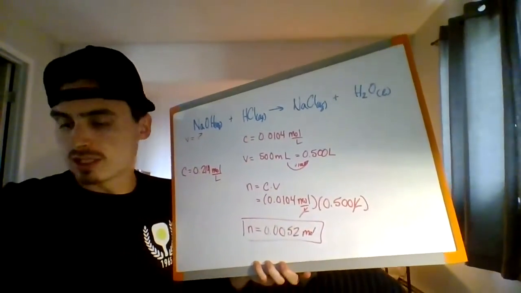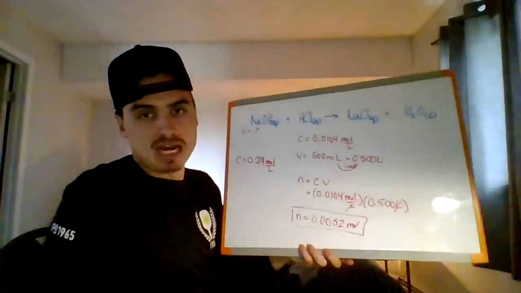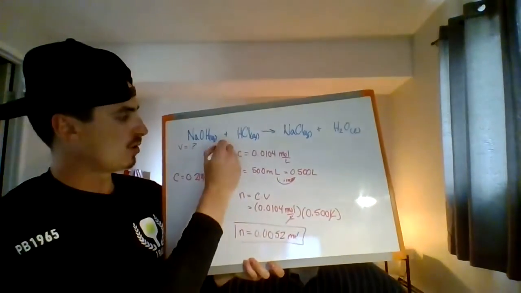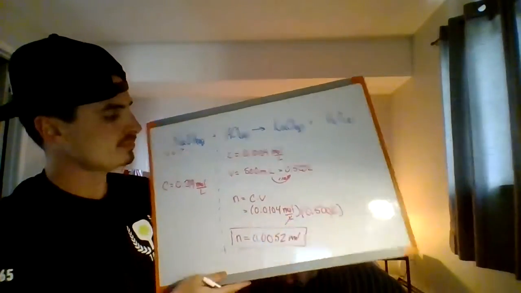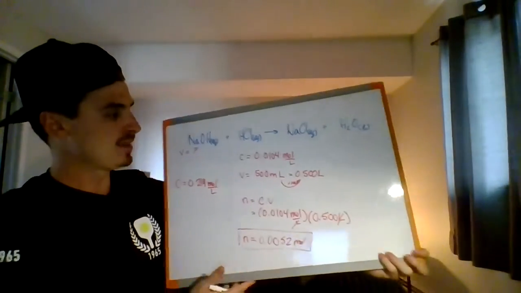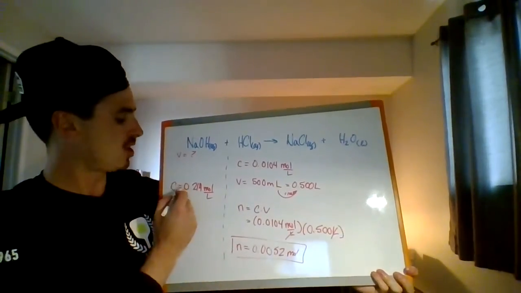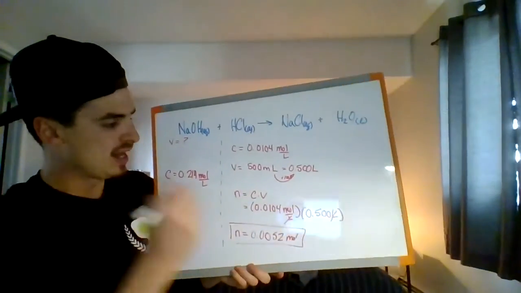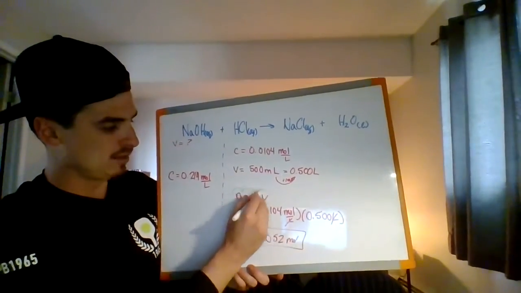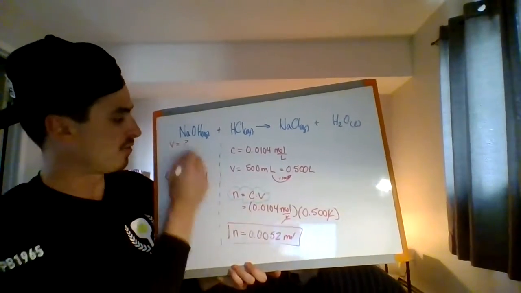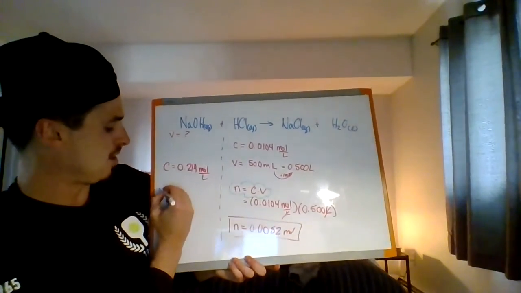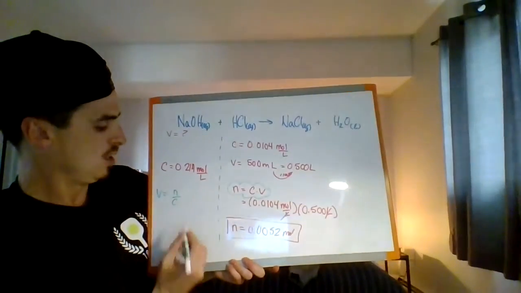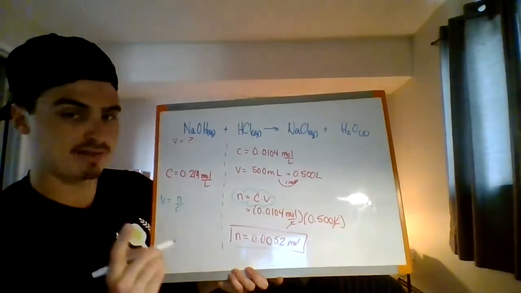So molar coaster, guys, says that I need balanced chemical equation. We have that. And the moles of one chemical, we have that. Now the question is asking me for the volume of NaOH. I have the concentration. If I rearrange this formula to isolate for volume, I'm going to get volume equals N over C. Well, I have the concentration, but I don't have the moles.